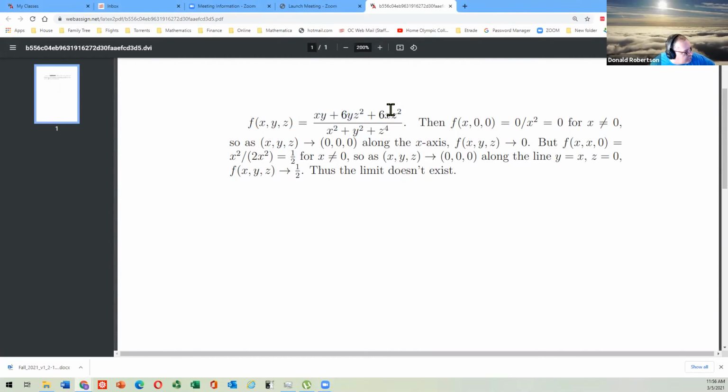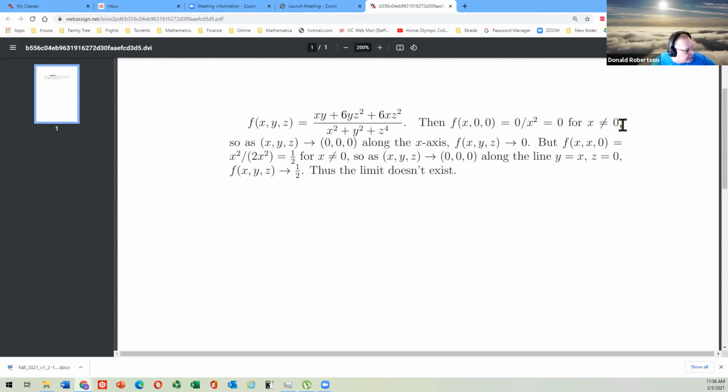I think you had a 9 here, but that really won't matter too much. Now, if you do this, you get the 0 over x squared. And there isn't, well, I guess it is true, although I wouldn't phrase it that way. They're saying that this answer is 0 as long as the x isn't 0.